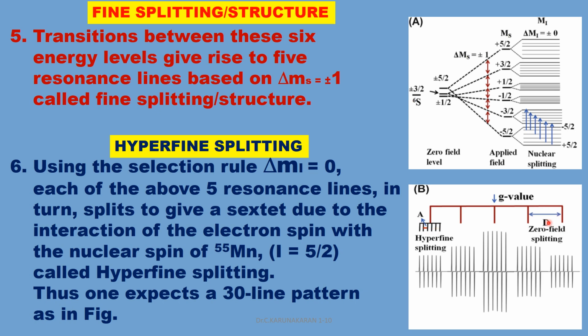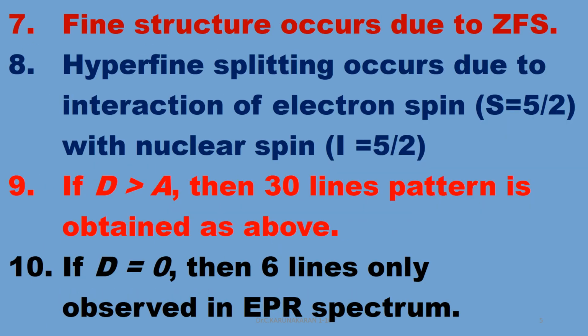Suppose D equal to 0, then only 6 lines are observed. We will see further. So overall, the fine structure, fine splitting occurs mainly due to zero field splitting.